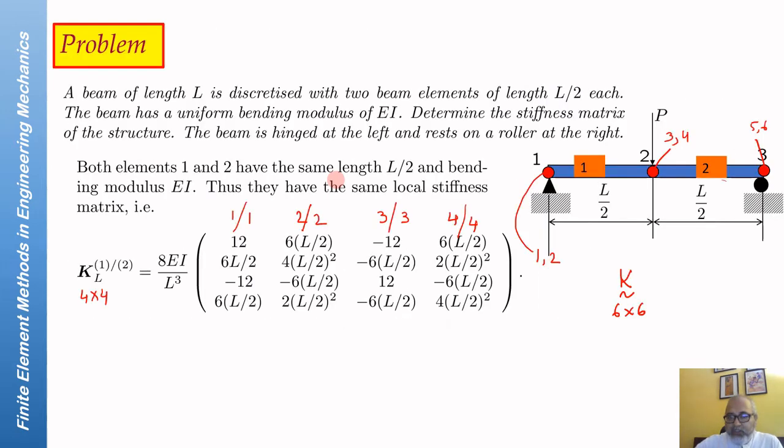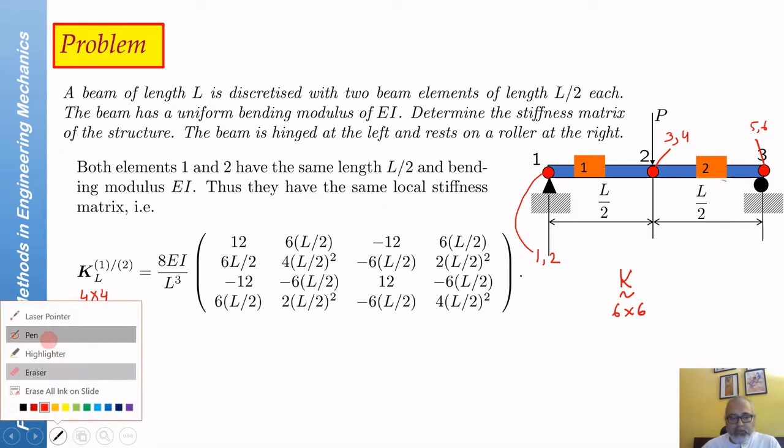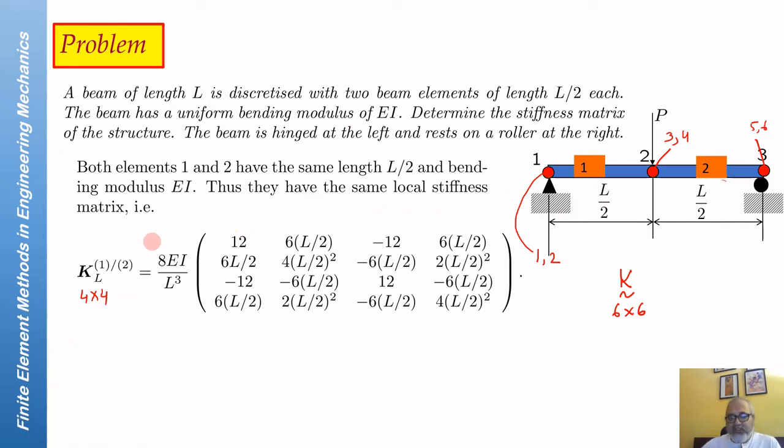Okay, the second element also has the same local stiffness matrix. So this is local 1, local 2, 3 and 4 as before, but the global degrees of freedom that it goes to are: 1 goes to 3, 2 goes to 4, 3 goes to 5, and 4 goes to 6.